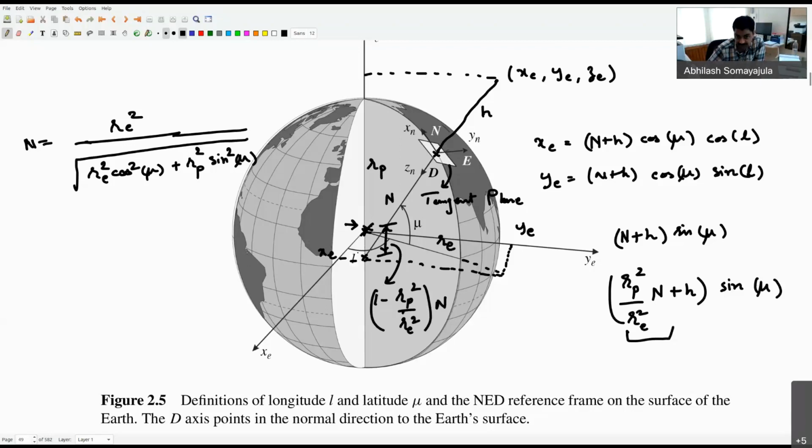So when I take a projection, I have to subtract the distance out before I can compute the z coordinate, because the projection will include the z coordinate plus this value. So that is why you get rp square by re square times n plus h times sine of mu 0. That is the value of z. I hope that's now clear for everyone.